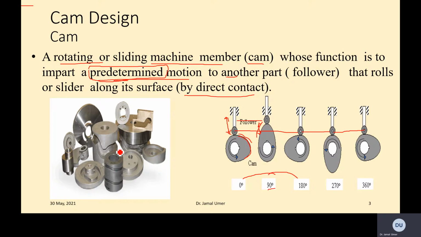So depending upon the requirement, you can have different designs of cam. Followers are normally more or less similar, with very slight changes in design, but the sole purpose is to do the reciprocation, and this reciprocation can be performed by using some of these cams.